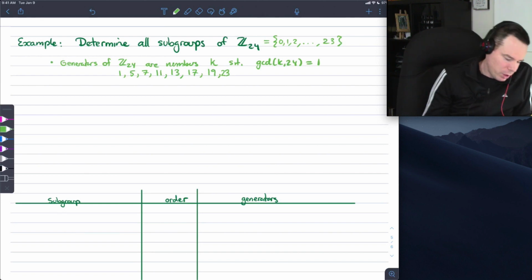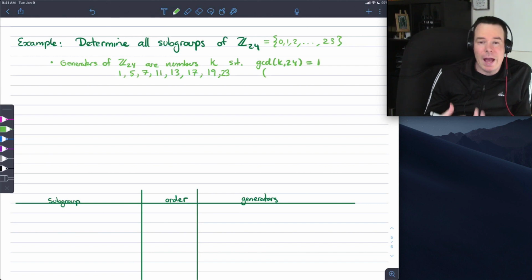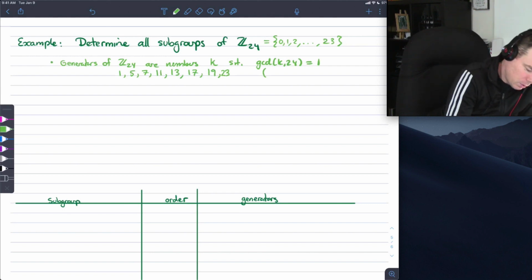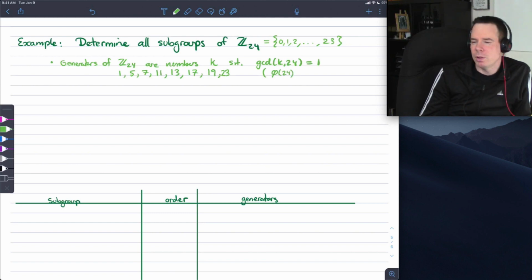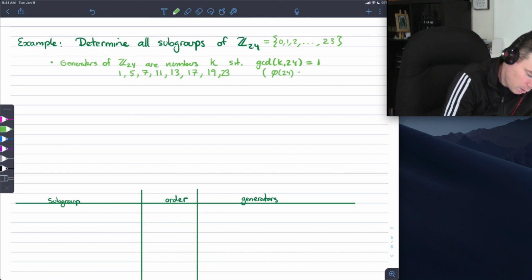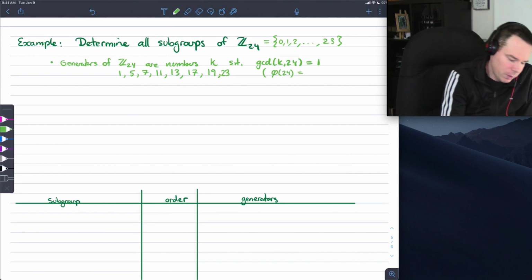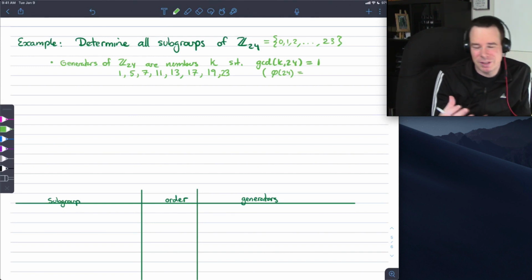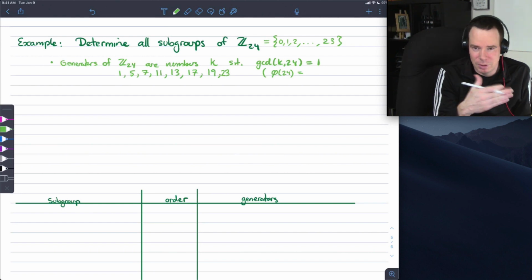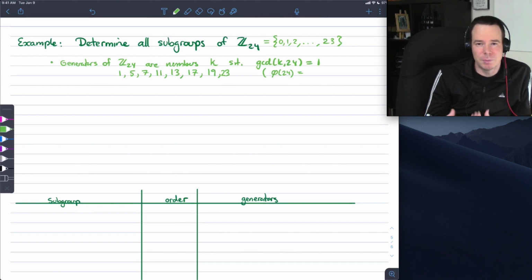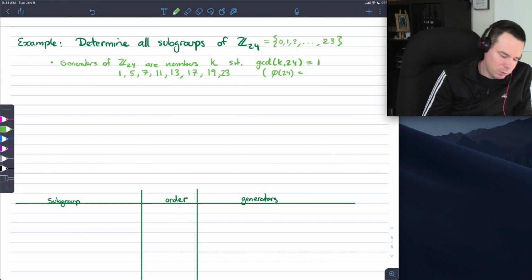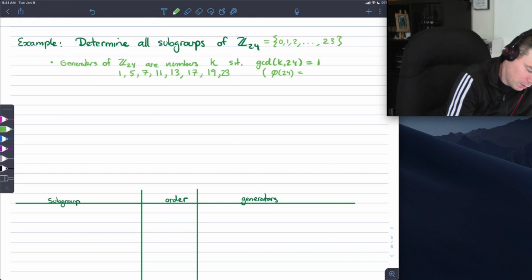How do I know I didn't miss one? There's a double check we can do. The number of generators we need is phi of 24, the number of numbers relatively prime to 24. We can look back in the appendix to see how to calculate it. Typically we just listed and counted them, but when the numbers get bigger, it's better to know how to work out phi of 24 without exhaustively counting.